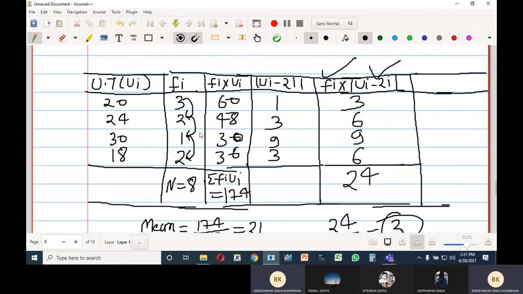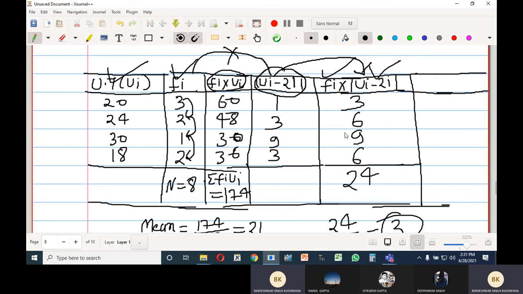So what you need to calculate? First of all, you would be given this one. Thereafter, fi into observation. Thereafter, you will calculate ui minus, here it is 21, so this is the mean. And thereafter, fi into this one, you will multiply, and you will get this one.